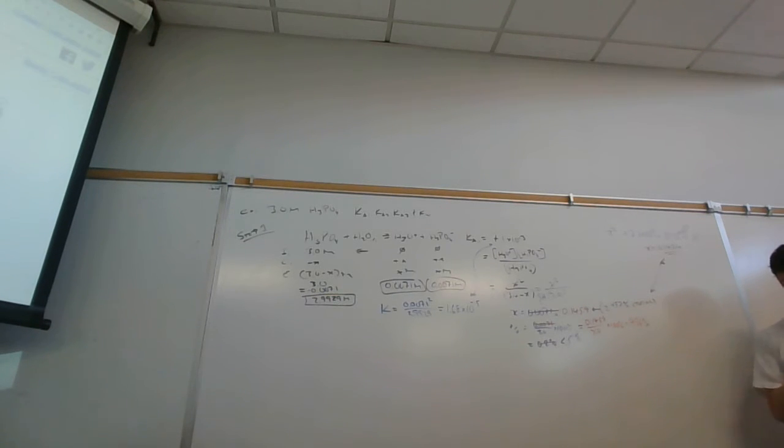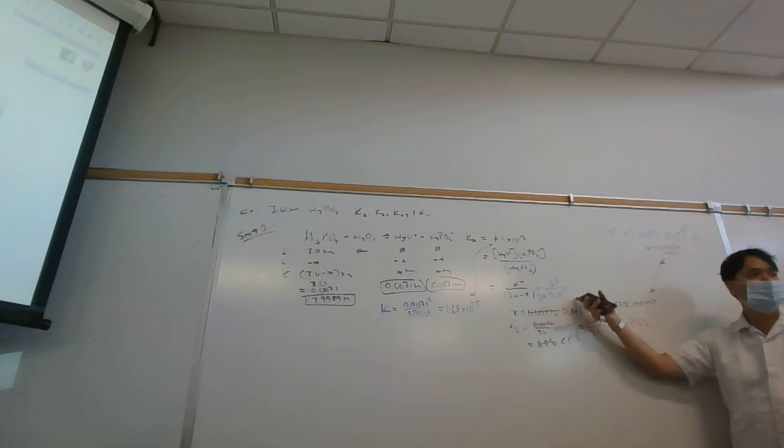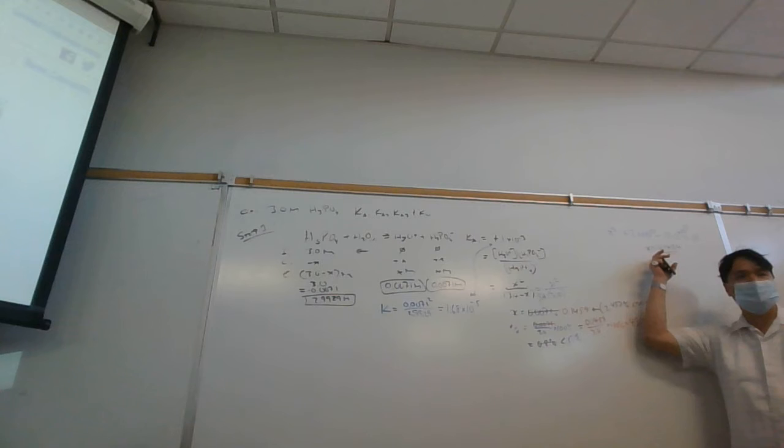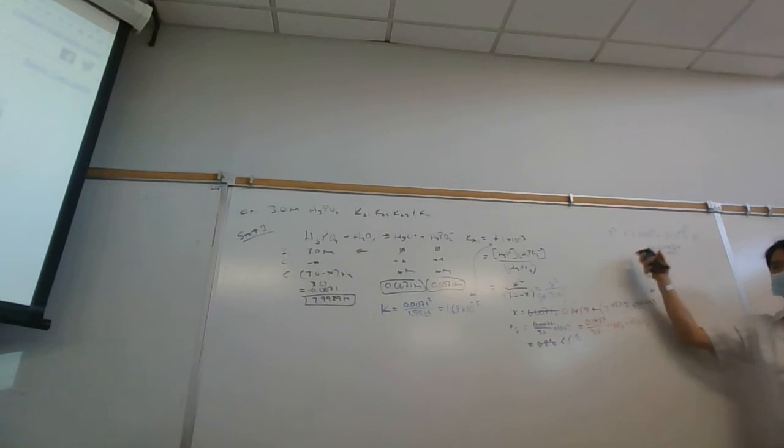But if you wanted to do more accurate calculations, more precise calculations, and the math wasn't terribly difficult here, then I would have just done this. Especially nowadays with the calculators, this is quick, not difficult.